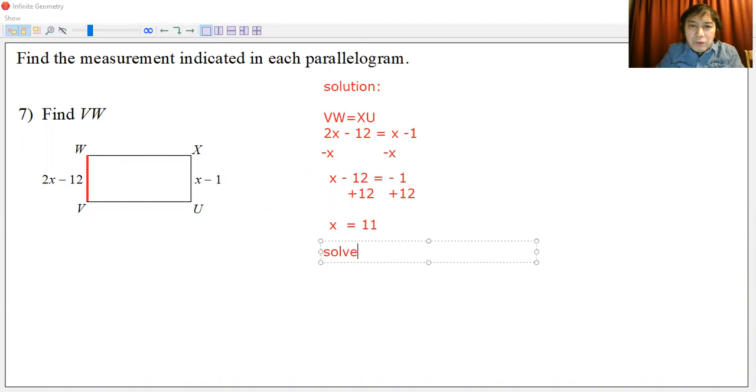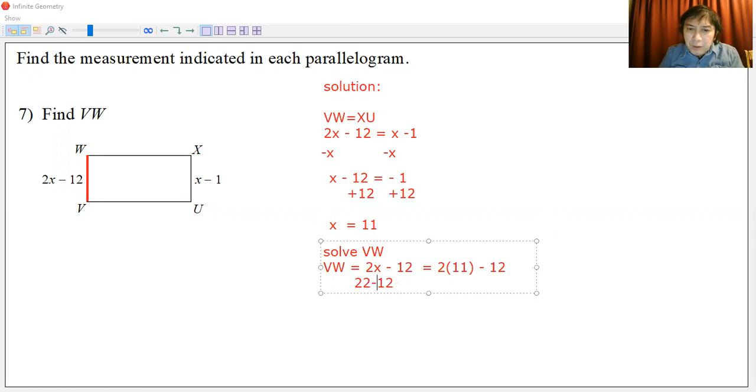This is now solve VW there. And VW is equal to 2x minus 12. And this is 2 times x. That means 2 times 11. And then minus 12. And we get 22 minus 12.